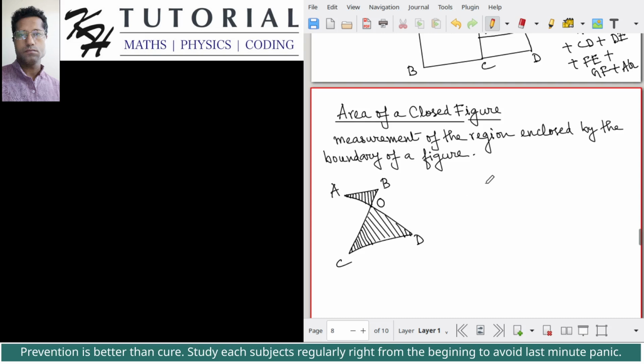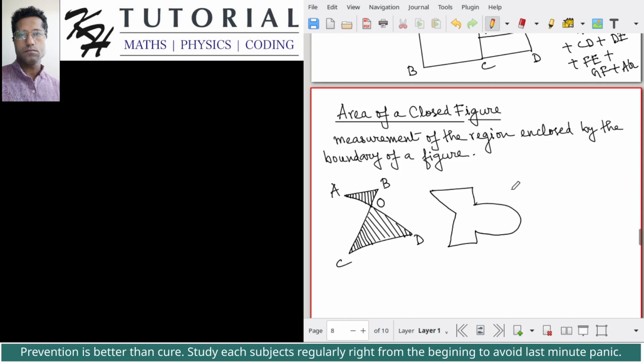Okay, let's see a few more examples of closed figures and try to understand what is the area. So let's say we have a figure like this. Of course, this is a closed figure.